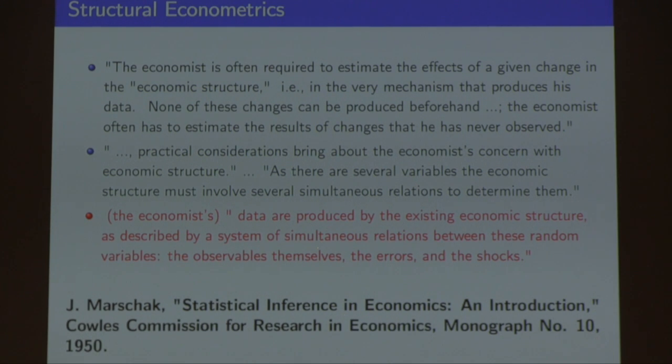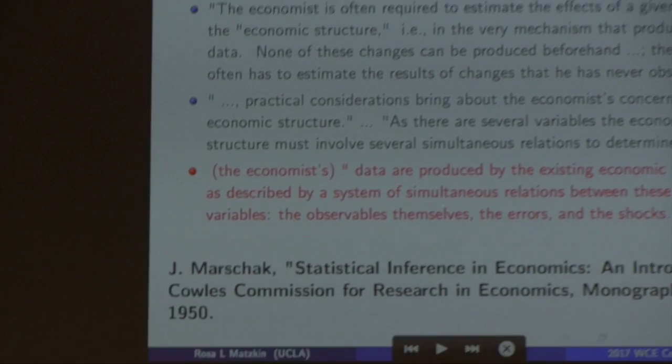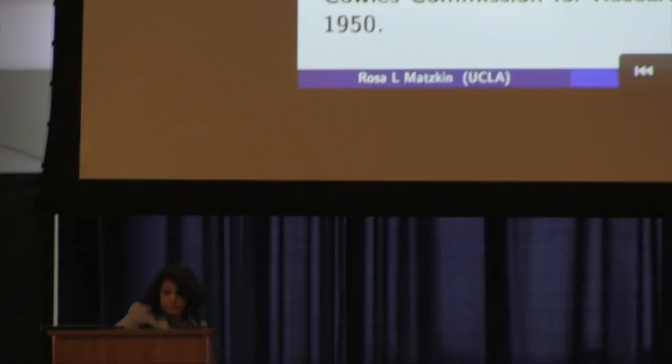And basically what Jacob Marschak says is that economists are required to predict what will happen when a structure changes, when there are new rules. To predict this, they will need some elements that they can estimate or infer from the current situation, and for that they need data.